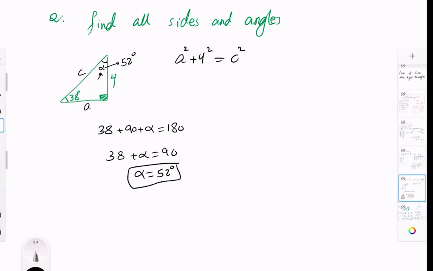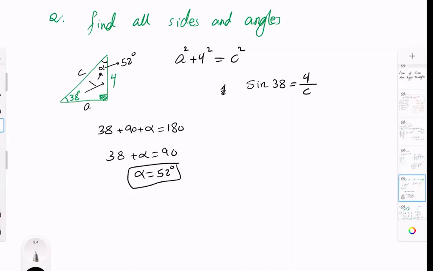Now how do I solve for A and C? You can use tangent of 38 and then do 4 over A. Beautiful. So, tangent. Let's say, what is sine of 38? Sine of 38 is 4 over C, correct?